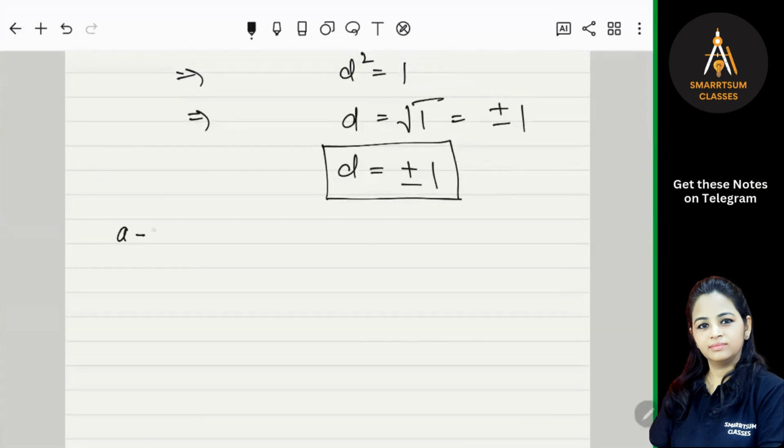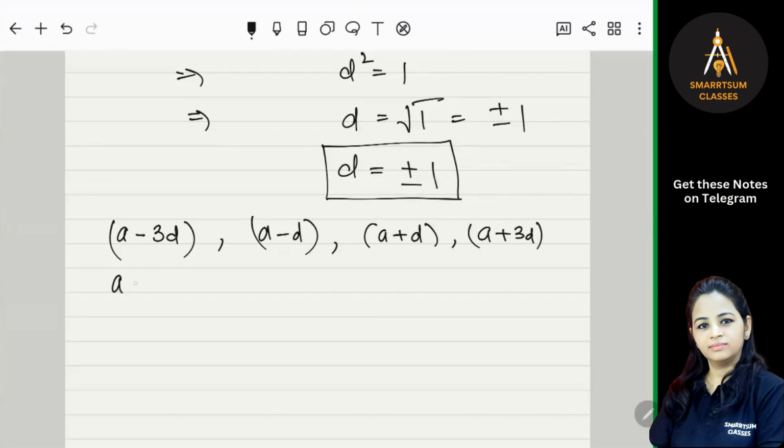So a minus 3d, a minus d, a plus d, and a plus 3d. These are the numbers. So if you take d equal to 1, a is 5: 5 minus 3 into 1, that is 2.